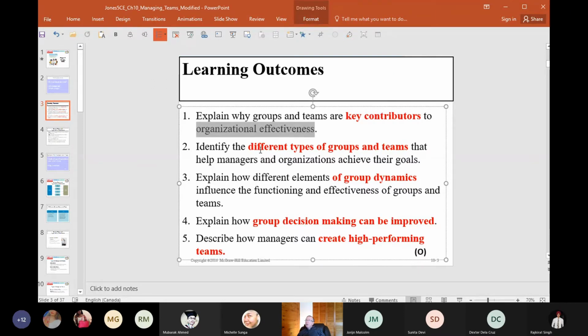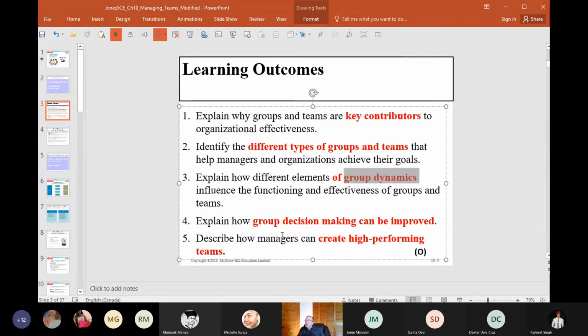We're going to look at different types of teams. We're going to look at group dynamics, which influence the functioning of teams. Group dynamics means the internal movement or relations between members of the team.